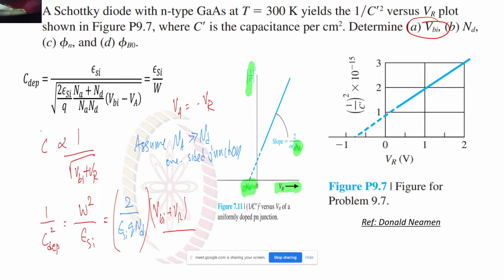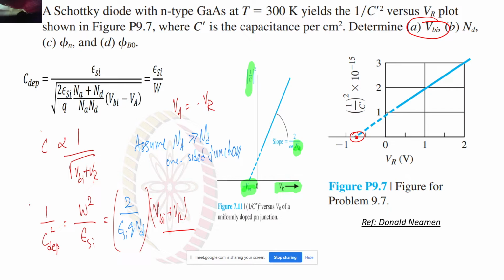Yes, correct. So just look at this point. What is happening at this point? What is the value of 1 by C square? Or the value of the y-axis? 0. Exactly, right? So at this point my y-axis is 0.